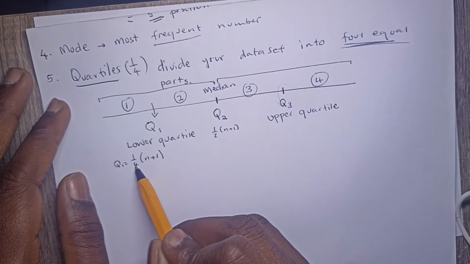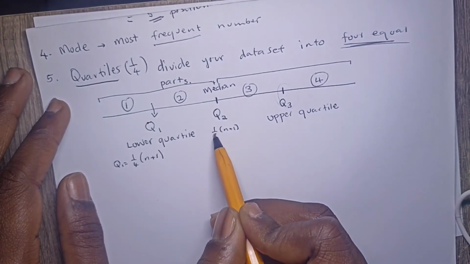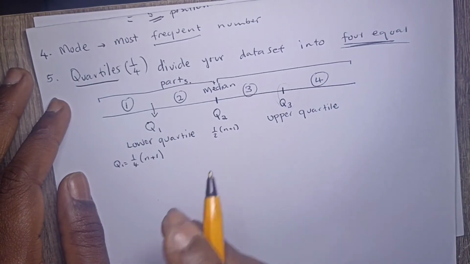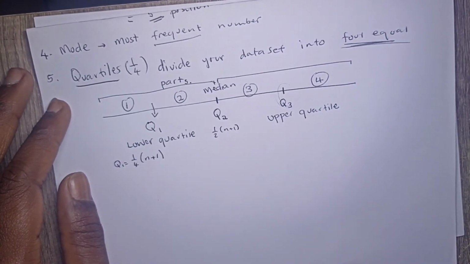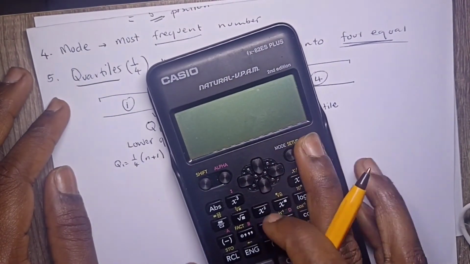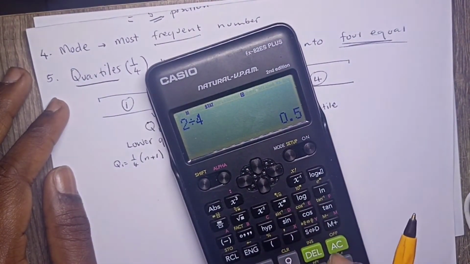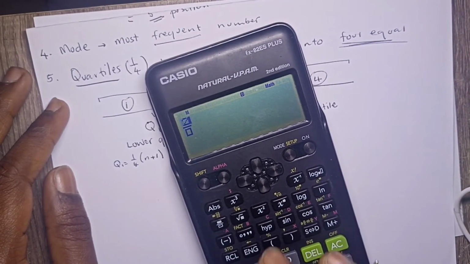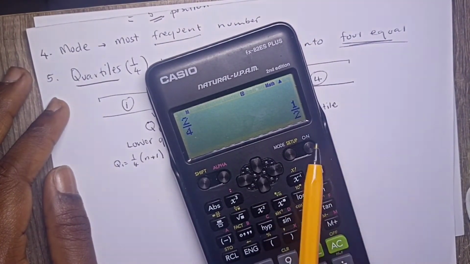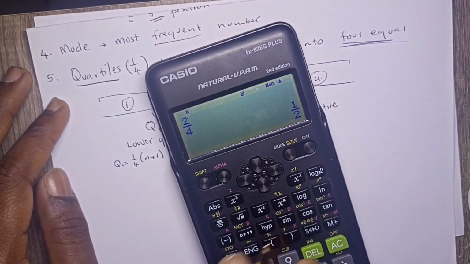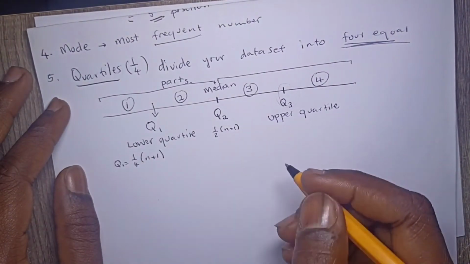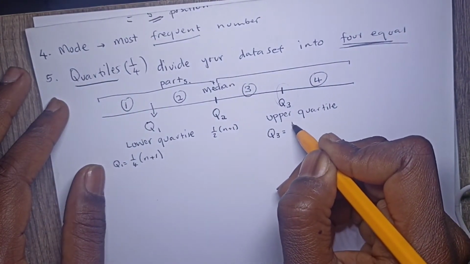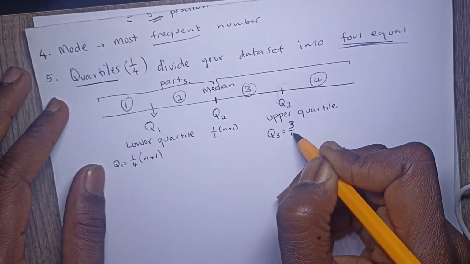So this is 1/4. This is actually 2/4, but 2/4 simplifies to 1/2. I can show you quickly on the calculator, in stats mode: 2/4 becomes 1/2. Then on this part it's going to be 3/4.